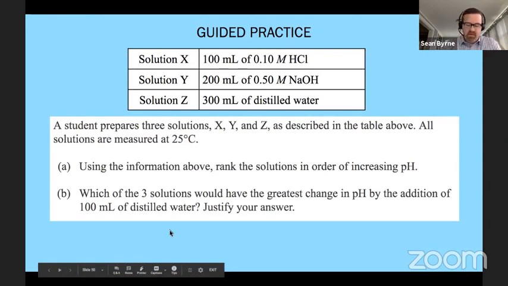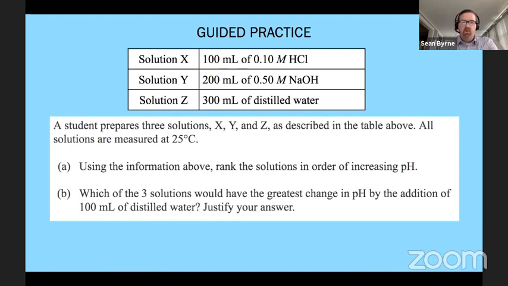So I'm going to give you about 30 seconds just to start setting up that first problem to see what information jumps off the page at you, and are you able to rank these solutions?